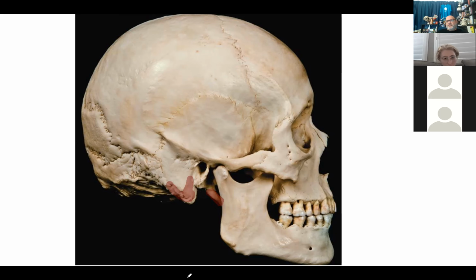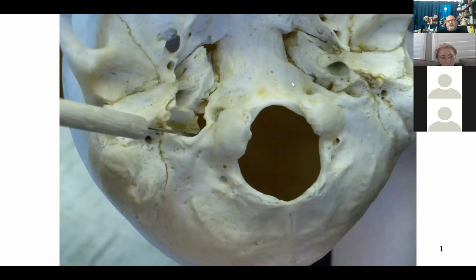We comfortable with those two? Yeah. Okay, so when we look at this from an inferior view, well, this one's kind of nice. Although notice the styloid process is broken on both of these. That's where the styloid process would be. Here's the big mastoid process, and here's where the styloid process would be broken off.